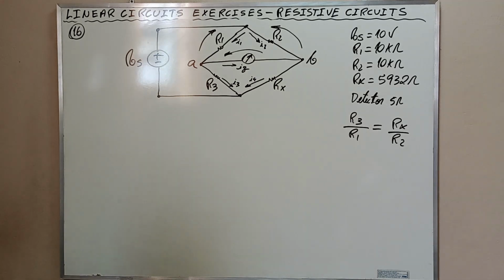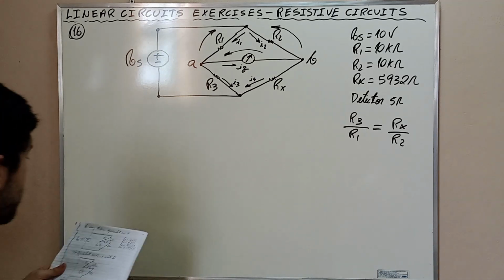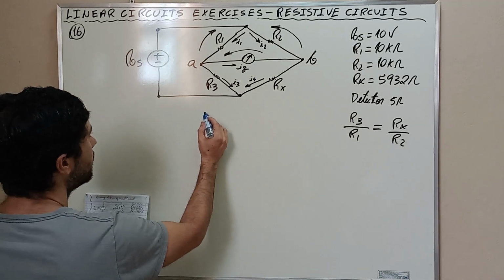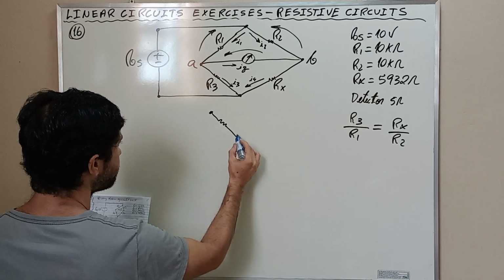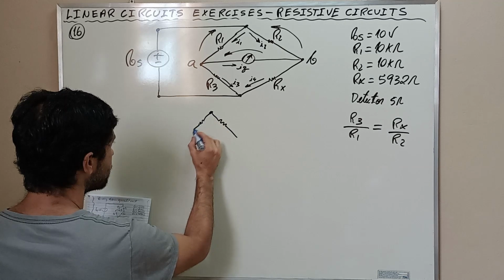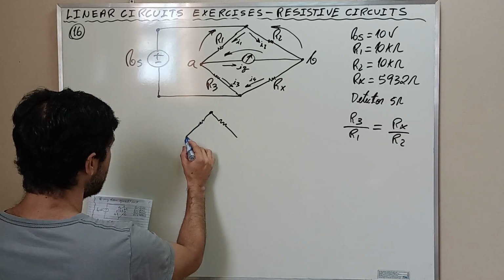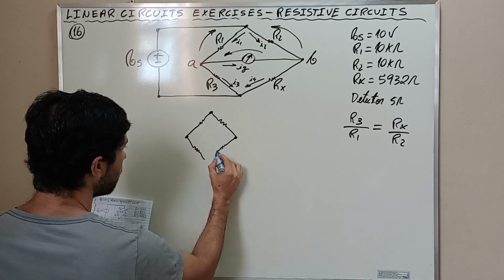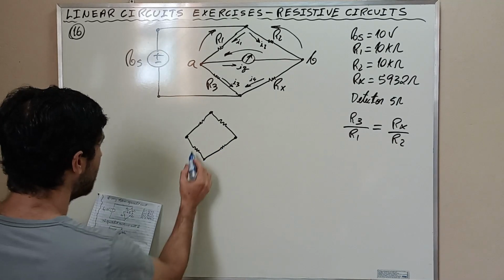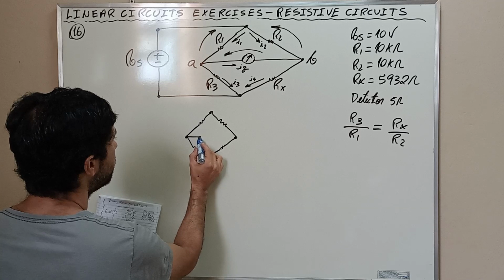Okay, we are going to need to use the Thevenin's equivalent circuit. Okay, we are going to have this here. Okay, and here. Okay, and there will be points A and B here.